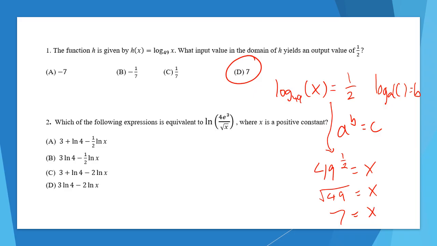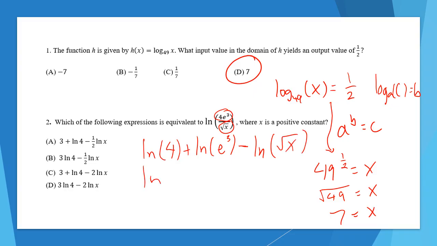For number 2, remember, when we have two things multiplied, which is 4 times e to the third, we're going to split that up into the addition or sum of two logarithms. So let's do that now. And when we have something in the denominator, we split that with a subtraction, so we're going to subtract ln square root x.